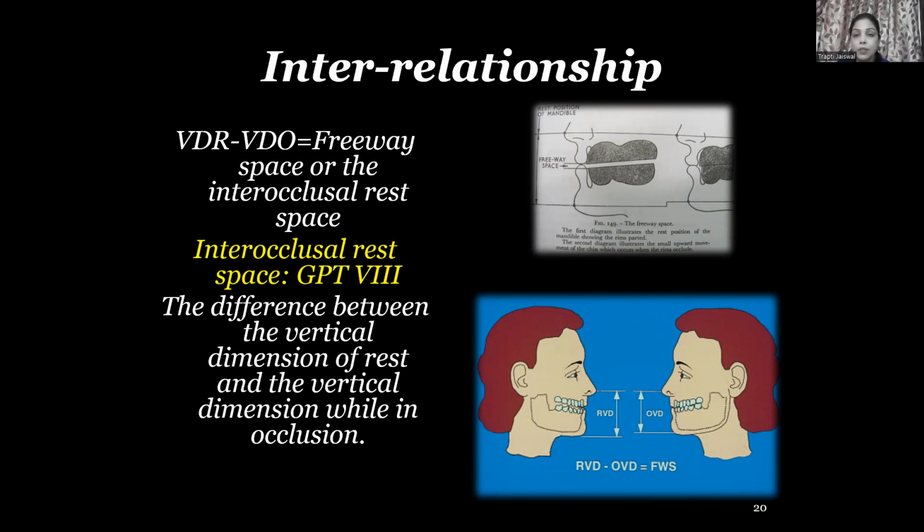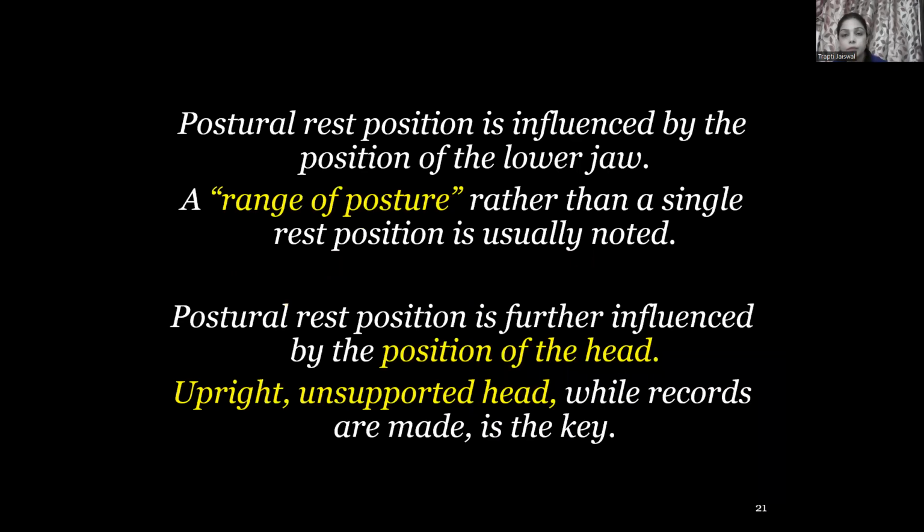This is a very important step, giving freeway space in the dentures to allow the mandible to be at rest, to allow the ridges to be at rest, to provide free time for the ridges and the mucosa.